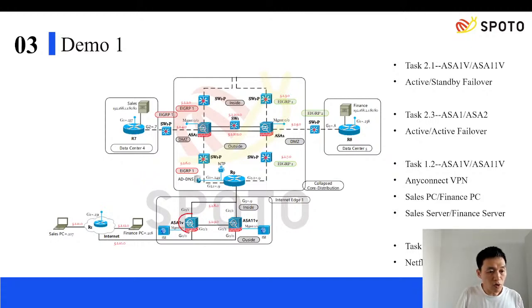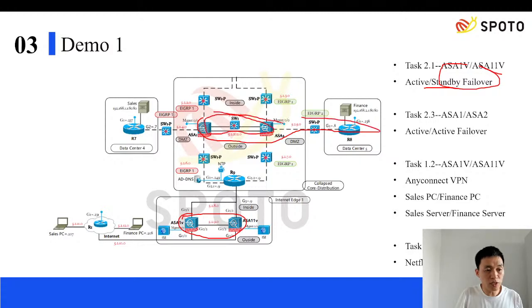So this is for task 2.1. It's about active standby failover, and this is for these two physical ASAs, and we need to deploy active failover when done.